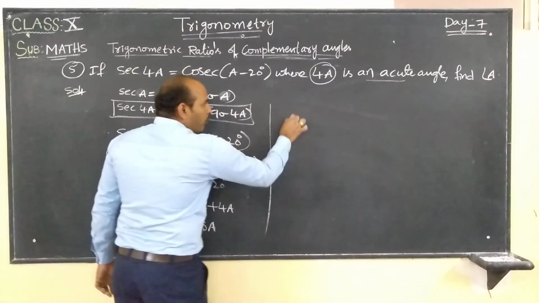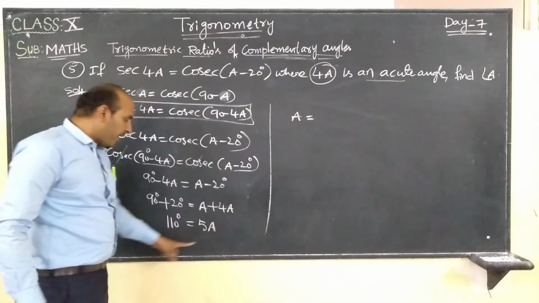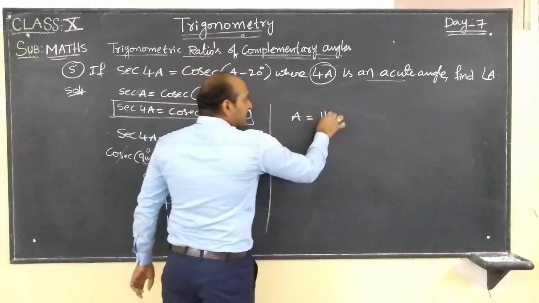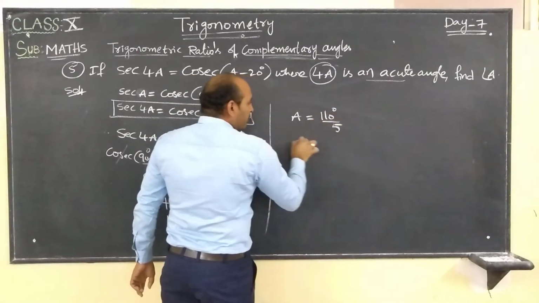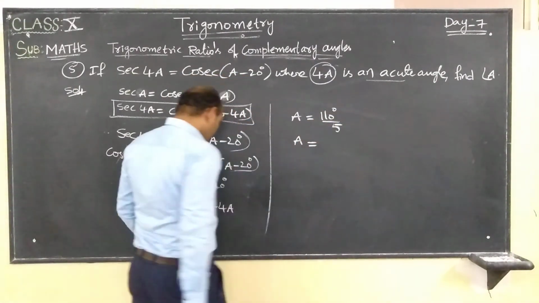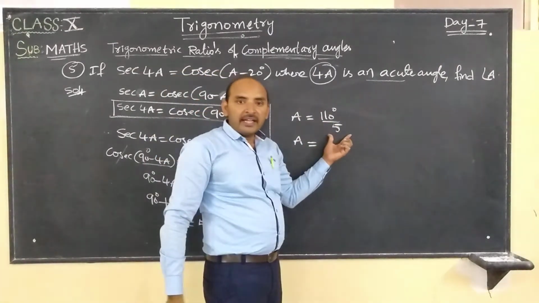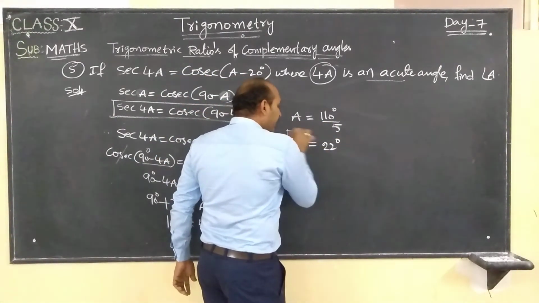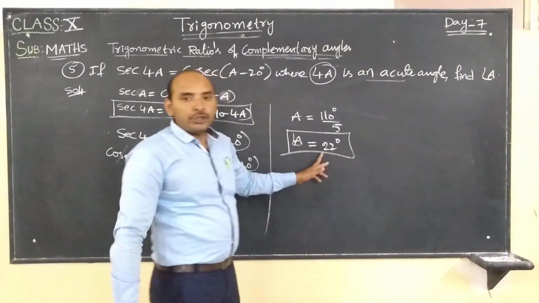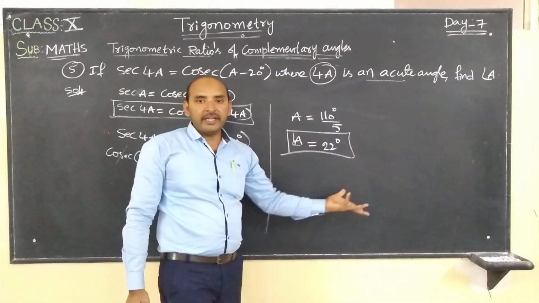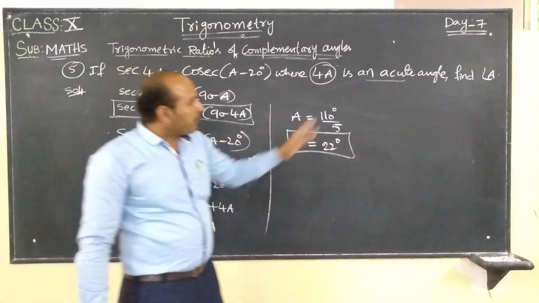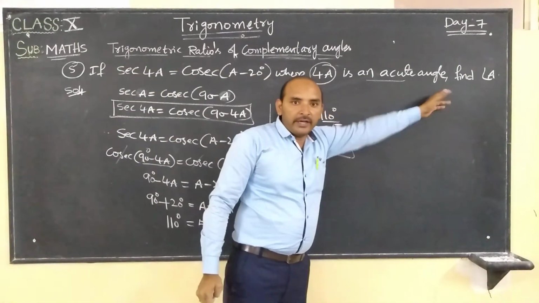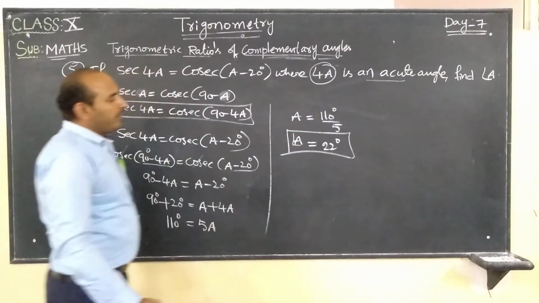As I want A, angle A is equal to 110 degrees divided by 5, nothing but 22 degrees. So this is angle A, clearly 22 degrees. The problem asked for the angle A value, that is clearly 22 degrees.